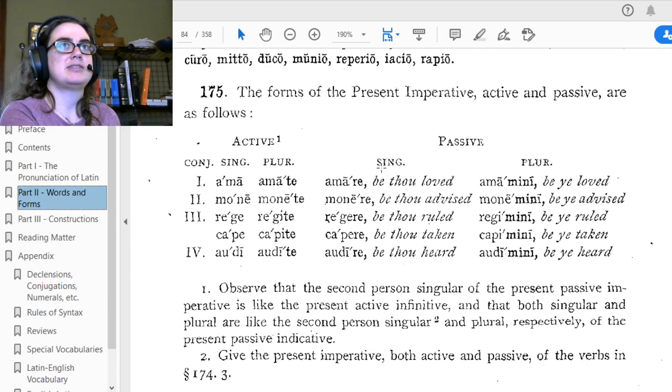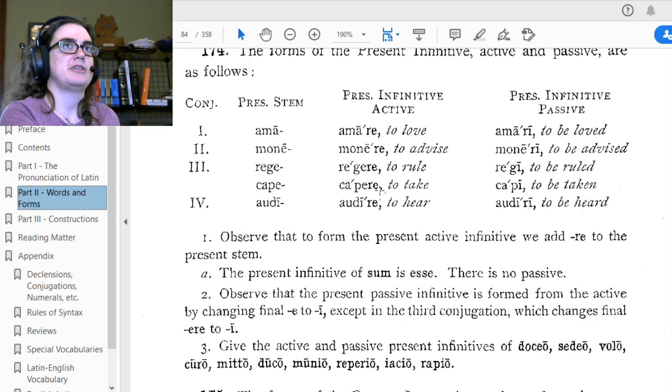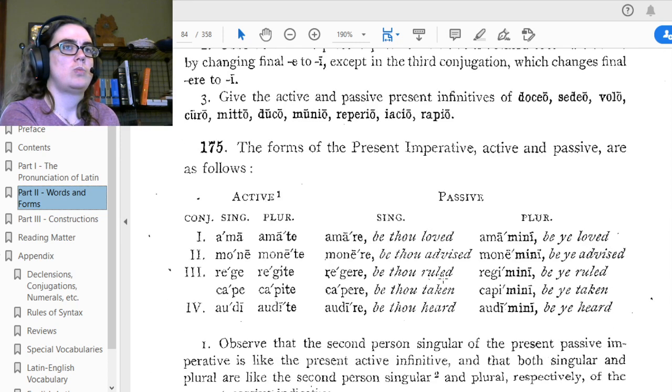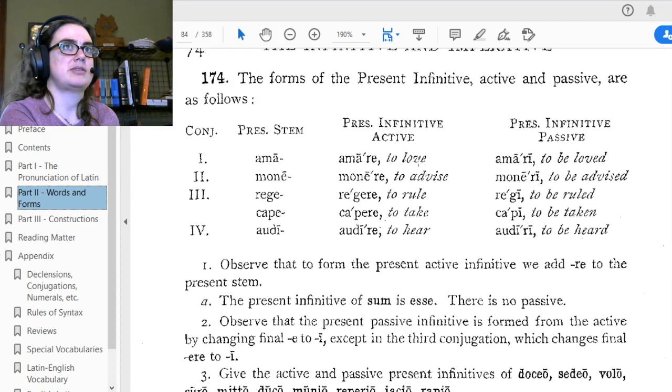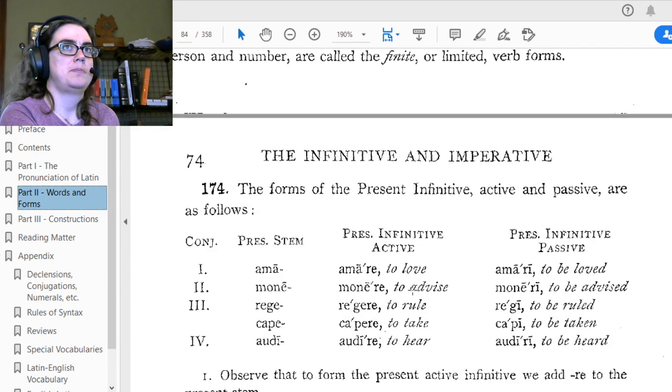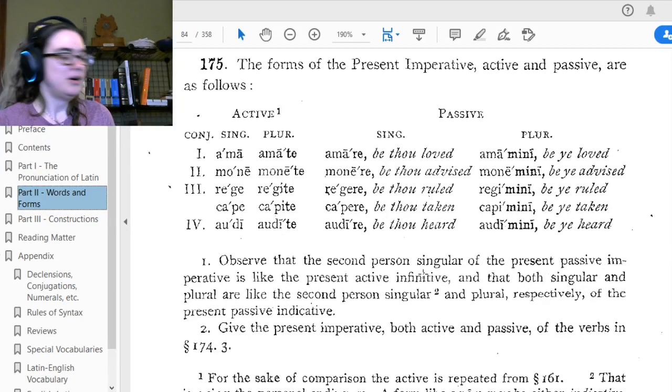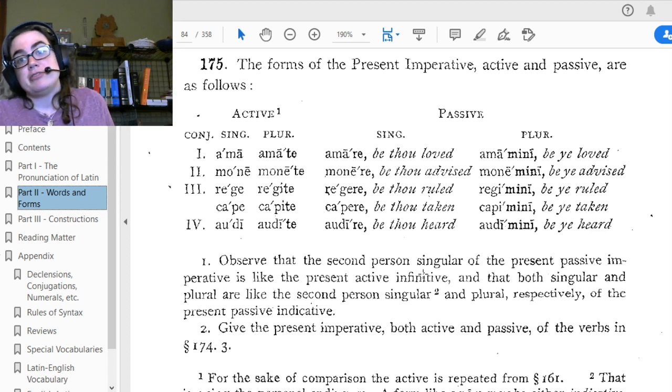These passive singular imperatives also look exactly like the infinitives. 100% exactly the same. So that could be confusing. But I can tell you it's usually not the imperative.